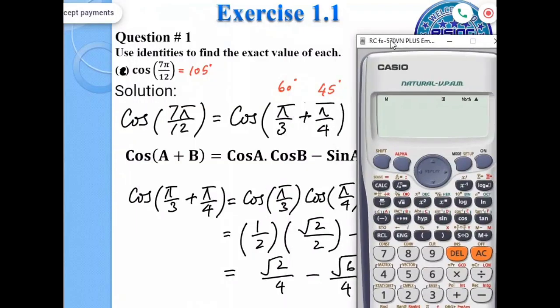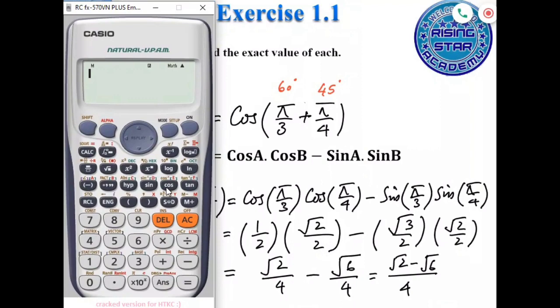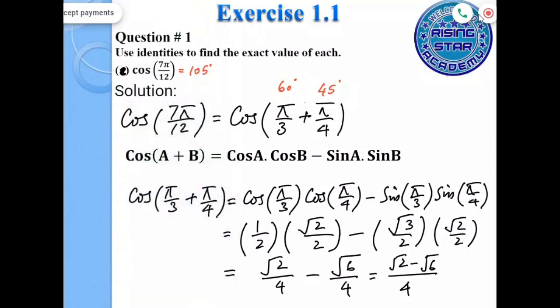Our question value is cos of 7 pi by 12. So I would write over there cos of 7 pi by 12. So here is our answer. We can also rearrange it, but if we want to leave it as it is, that's fine. That's it. Thank you.